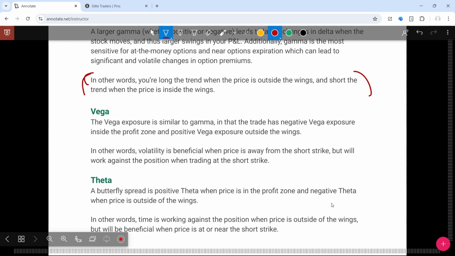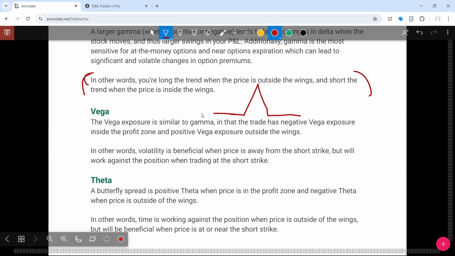Now, Vega is volatility, and this trade has a negative Vega exposure if you're inside the profit zone, and a positive Vega exposure if you're outside the wings, so outside that profit zone. In other words, volatility is beneficial if you are away from the short strike, right? So same thing, you want that trend.